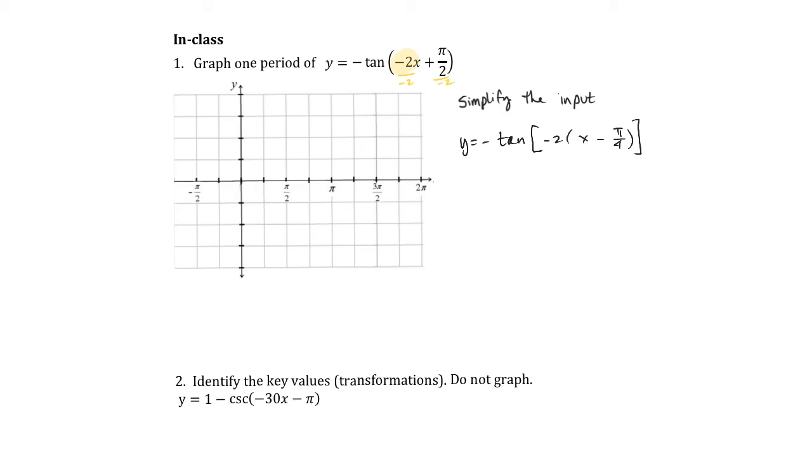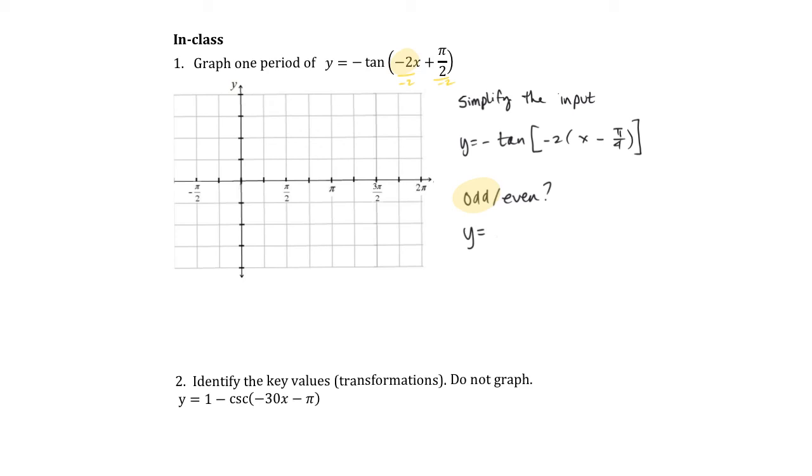Okay, so hopefully you got an input now of negative 2 times x minus pi over 4. And now the next step is to think about odd or even. Okay, so I'll give you a little minute to think about that. Okay, so tangent is an odd function, just like cotangent, because we have sine over cosine, and that'll end up just being an odd function.